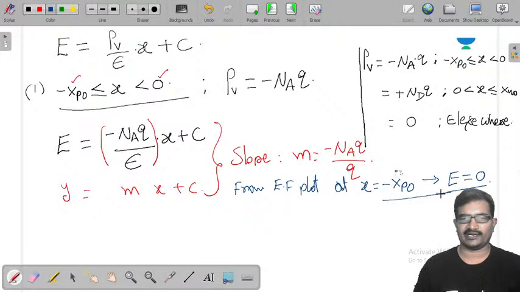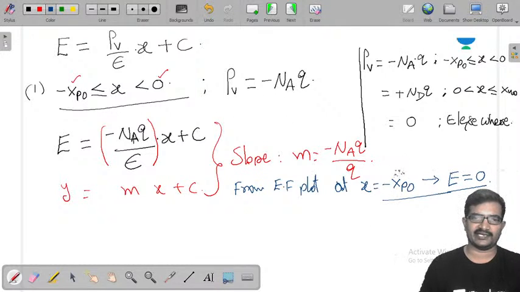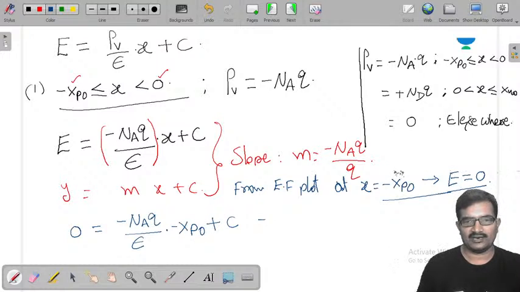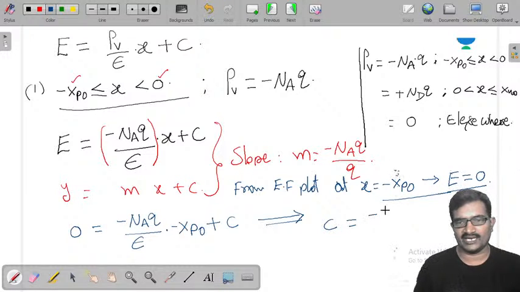This is the boundary condition. I am substituting this condition: E becomes 0, which is minus NA into Q by epsilon into x, where x is minus xp naught, plus C. After simplification, I get the C value, that is minus NA into Q by epsilon into xp naught.